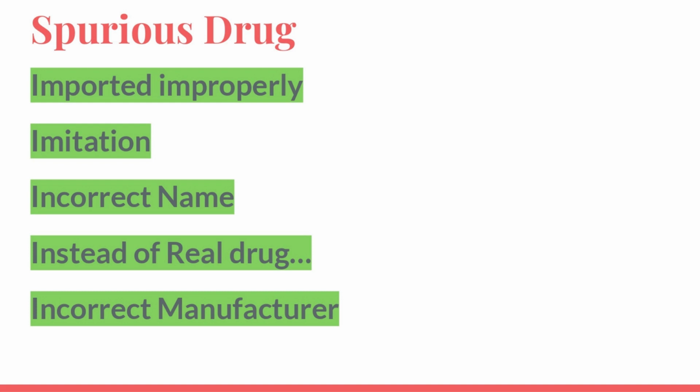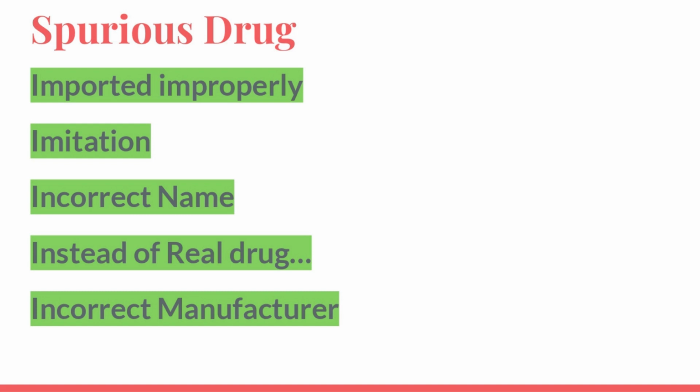SI we can remember as sub-inspector. A sub-inspector will arrest you if you do the following things. If you import a drug improperly, that is, if you import a drug in the name of another drug, a sub-inspector will arrest you.